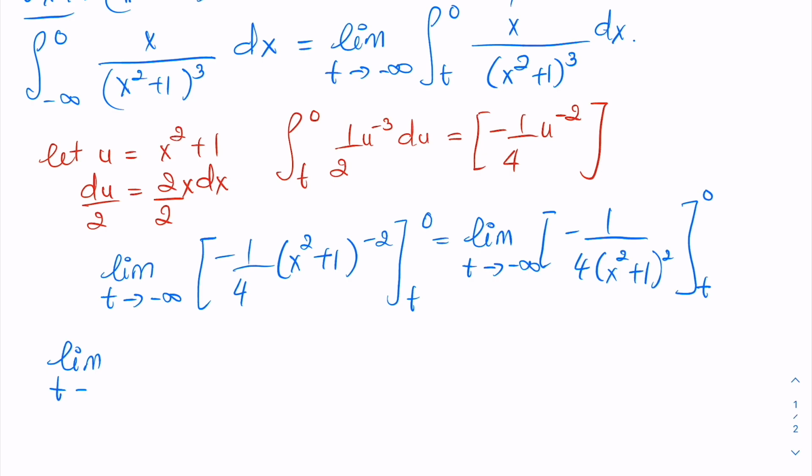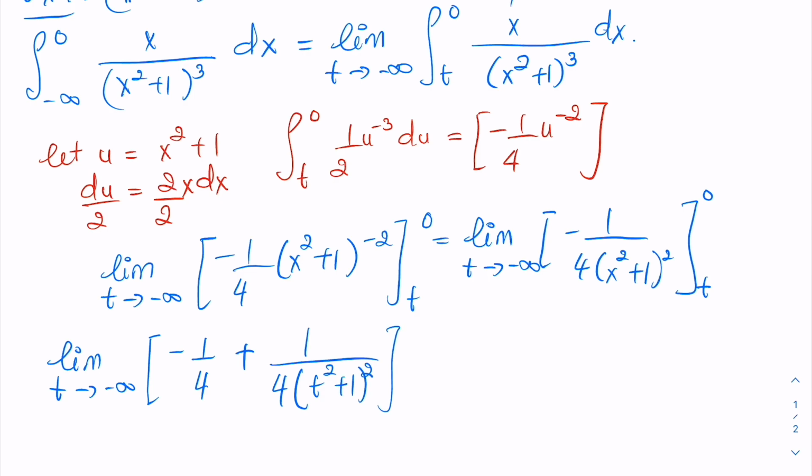So that's going to be the limit as t goes to negative infinity, negative 1/4 plus 1/4 times (t squared plus 1) squared.